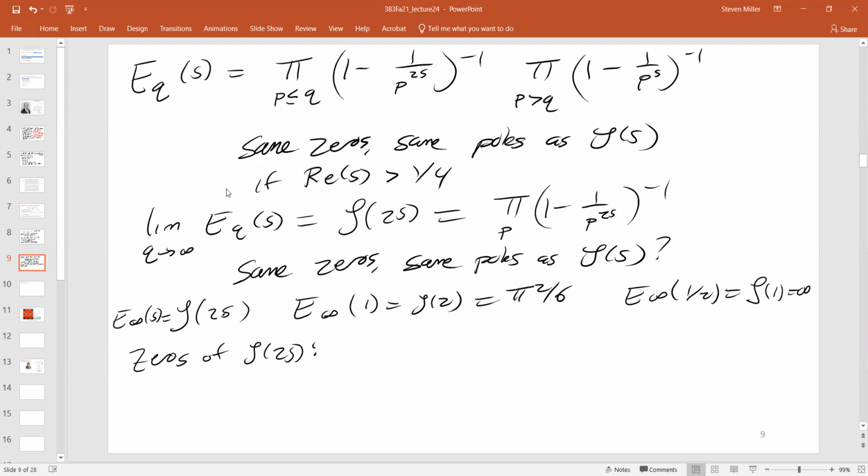We're not assuming that. For the zeta function, I gave you a homework problem: it has no zeros if the real part of S is greater than 1. So zeta of 2S has no zeros if the real part of S is greater than 1/2.